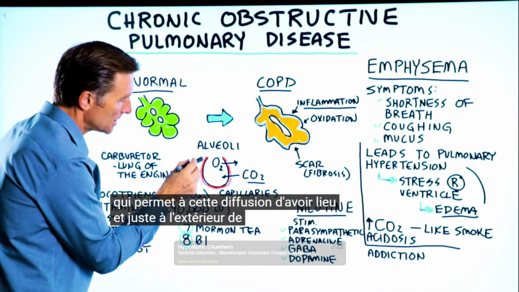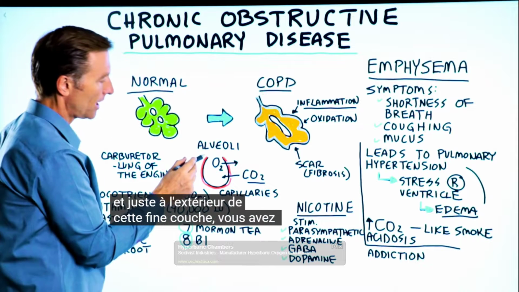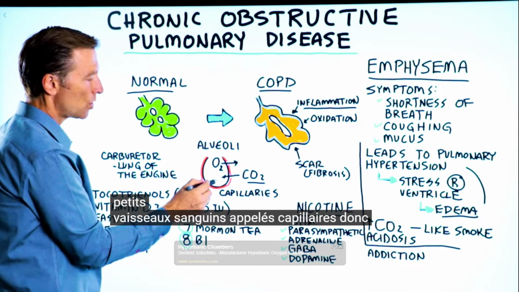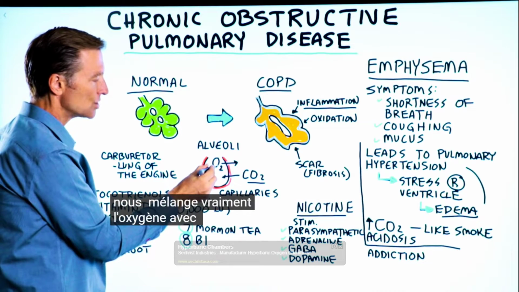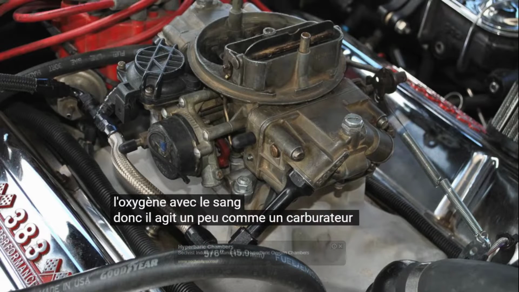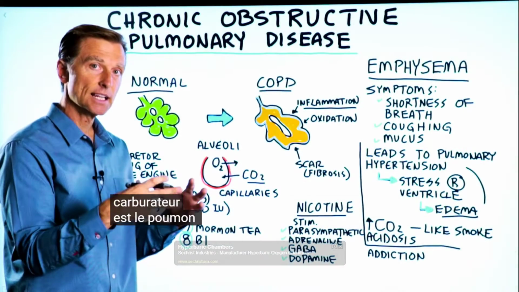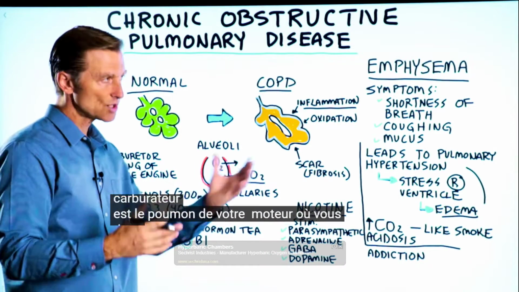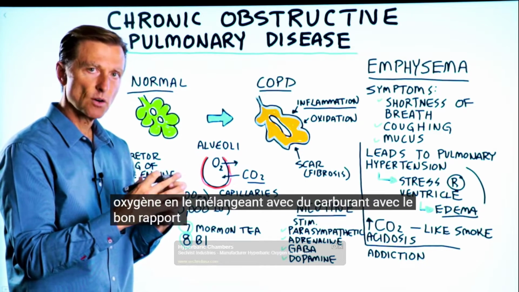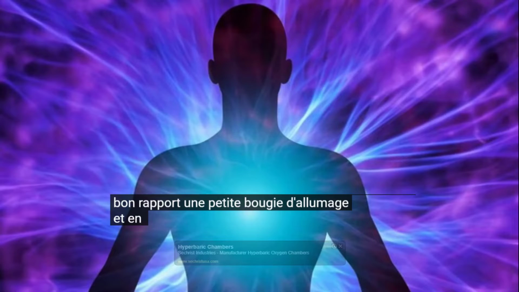And right outside that thin layer, you have these tiny little blood vessels called capillaries. So we're really mixing in the oxygen with the blood. So it acts sort of like a carburetor. The carburetor is the lung of your engine, where you're actually pulling in oxygen, mixing it with fuel with the right ratio, a little spark plug, and creating energy.